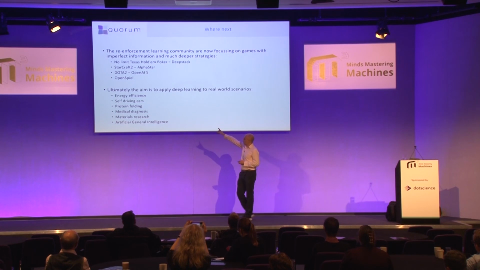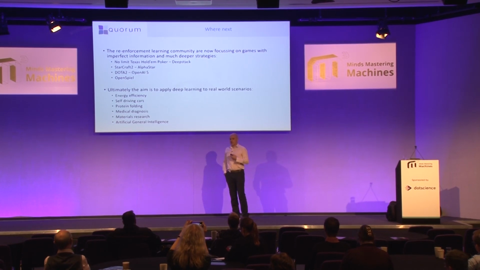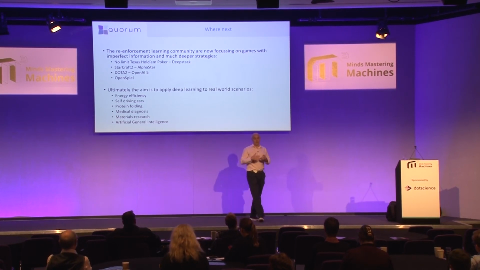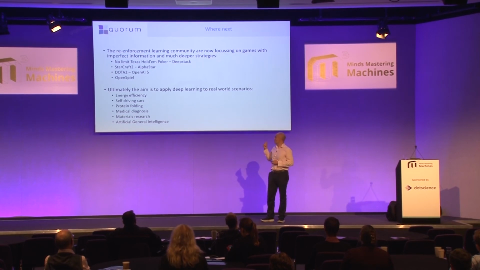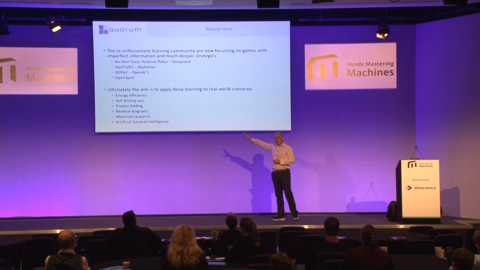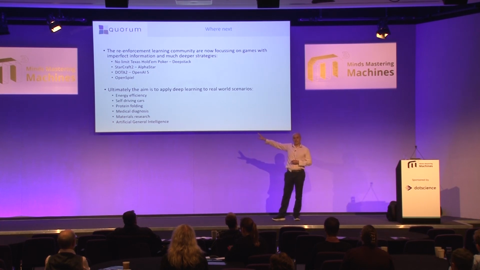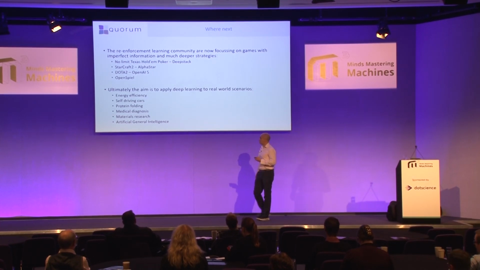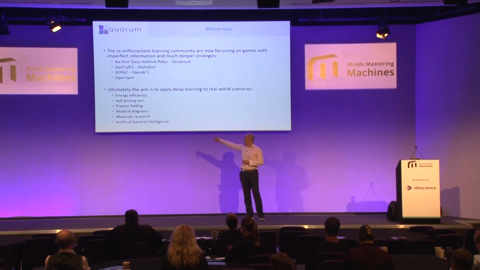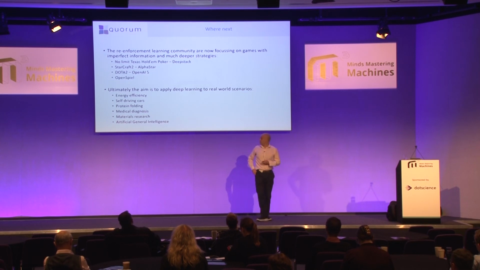So energy efficiency, I know that the AlphaGo reinforcement learning has been applied to running Google's data centers, and they've achieved about a 30% cost saving. And data center energy is currently about 3% of world energy consumption. So that's quite a big win if you can start applying to those scenarios. But there's a bunch of other areas.